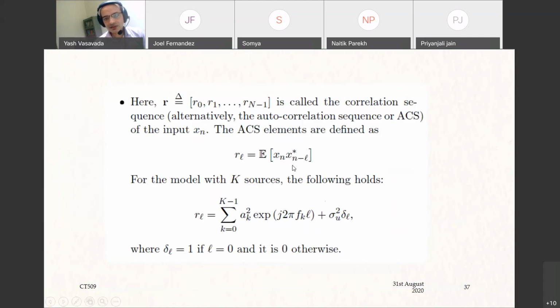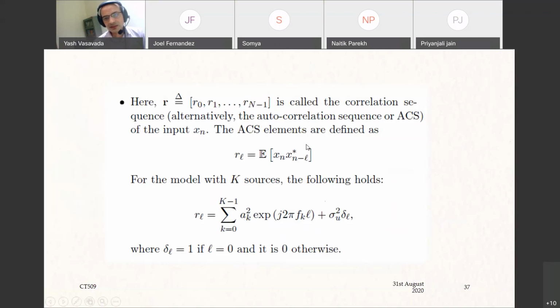This is the definition of the correlation function. And in the expression inside this bracket, there are two indices, n and l.